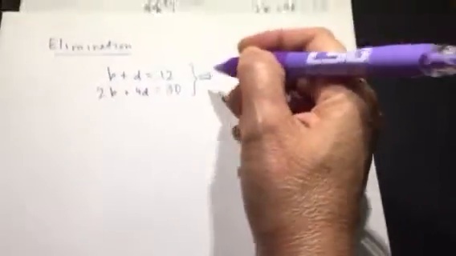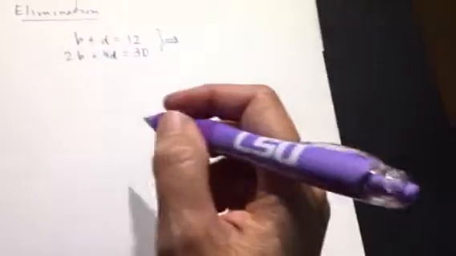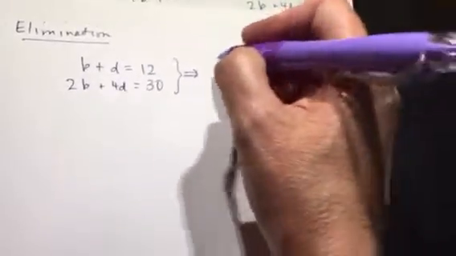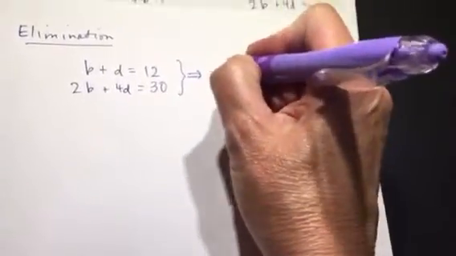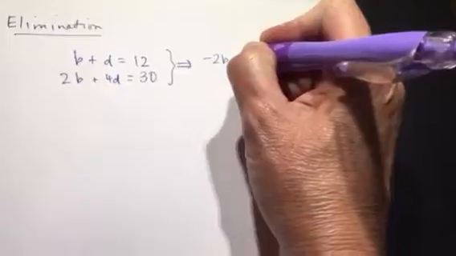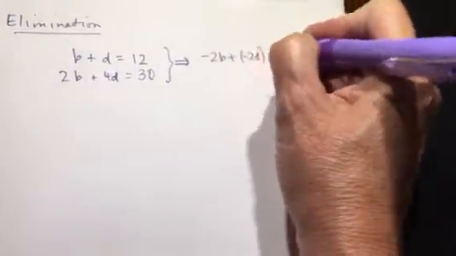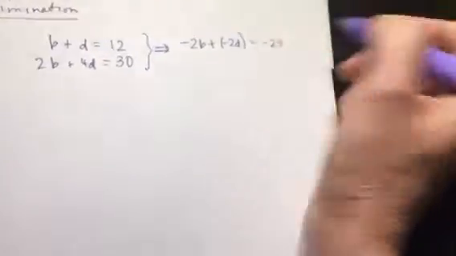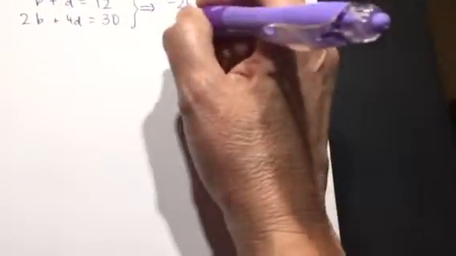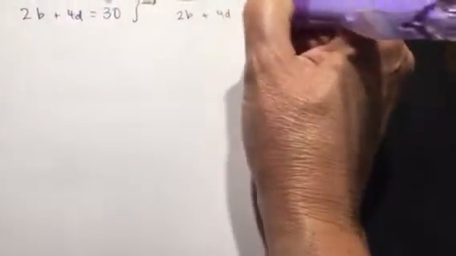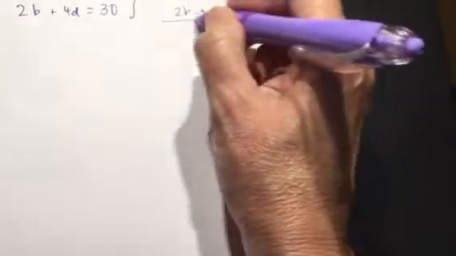Okay, I'm gonna pick it. I'm gonna multiply the top equation by -2. So that's gonna give me -2b plus -2d equals -24. And then the bottom one is 2b plus 4d equals 30.